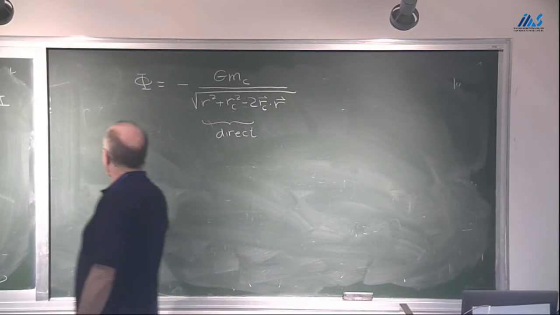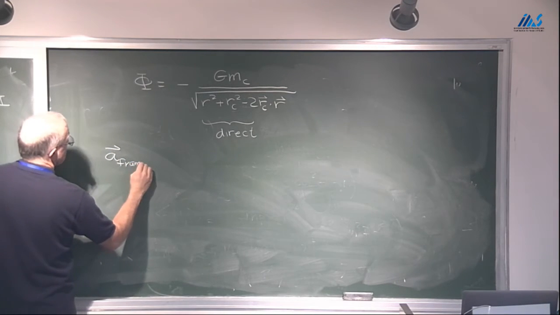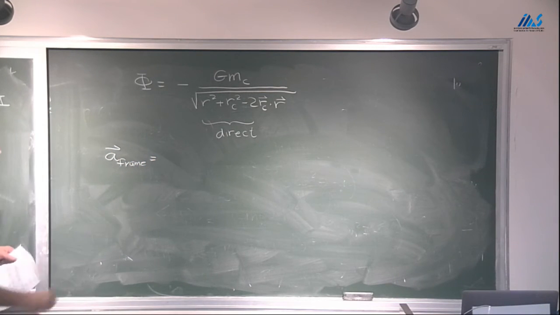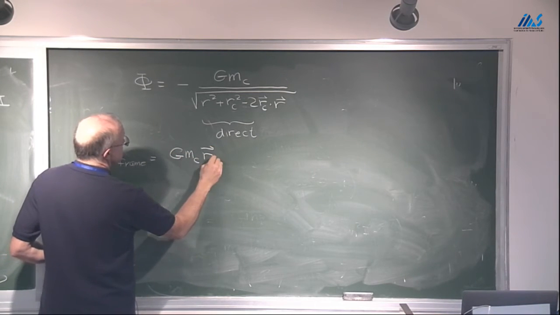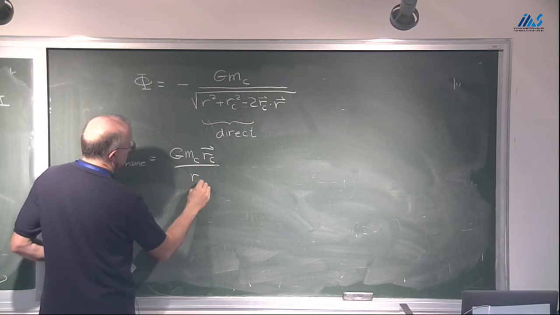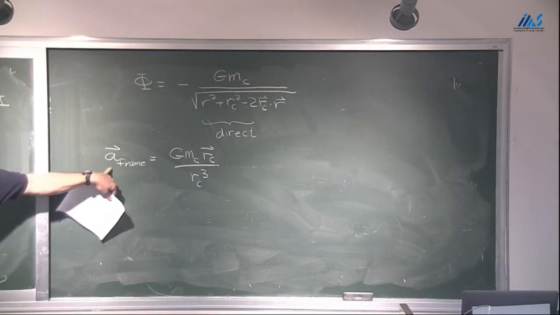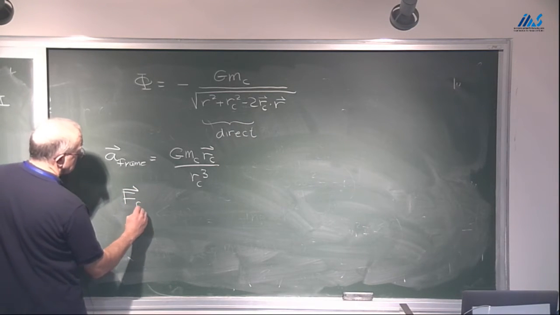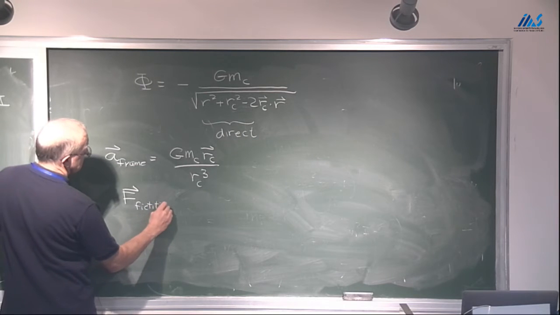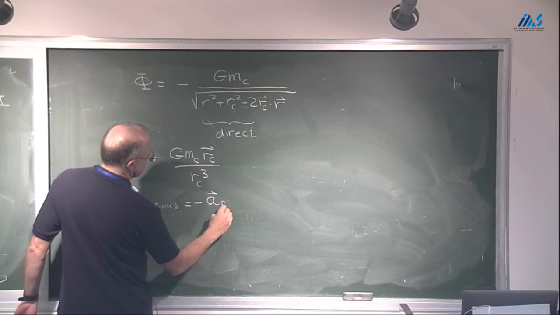So the frame that we're working in is accelerating at a rate which is G times the mass of the companion times the radius vector to the companion divided by the distance to the companion cubed. And as we know, this accelerated frame gives rise to an extra fictitious force, which is minus the acceleration due to the frame.